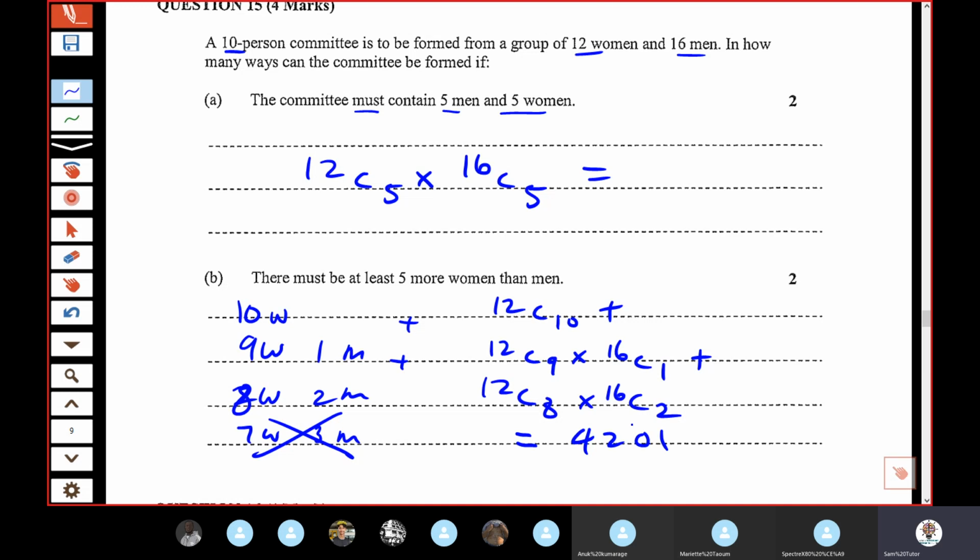I guess we'll have to accept your answer. Plug it into your calculator like that, it should hopefully get 4201. Anyone got a different answer?